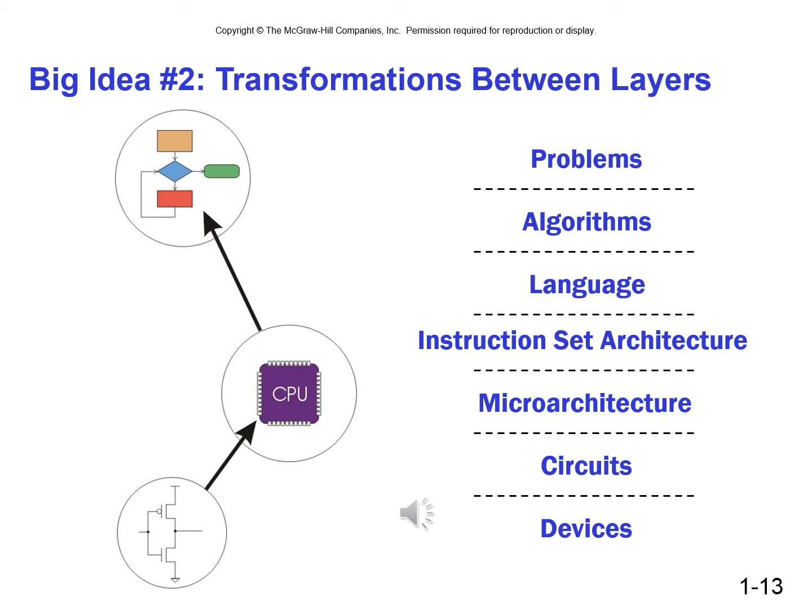And then the circuits necessary to make up the microarchitecture and those individual devices are all different. So each one of them represents a level of abstraction away from the previous level beneath it.